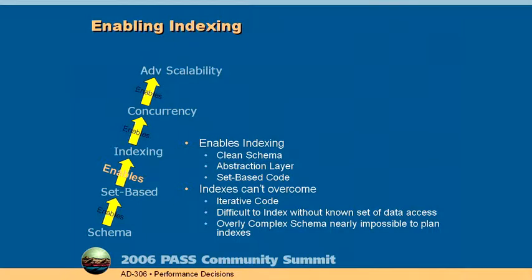If you simply have a lot of scattered code all over a VB application, it's difficult to understand how to index. And of course we can use Profiler to go and capture all of that. But the worst time to index is when you have an extremely overly complex schema, a design that possibly could have been done in 30, 40, or 50 tables that's been overly normalized and is being done in 400 or 500 tables. Extremely difficult to index that.